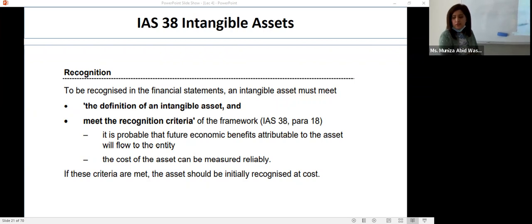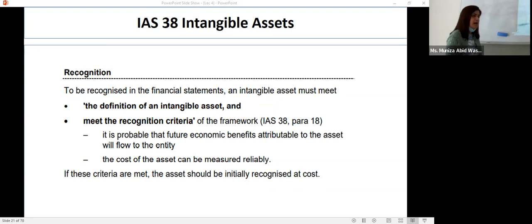So they say, to be recognized in the financial statements, an intangible asset must meet the definition of an intangible asset and meet the recognition criteria. What is that? It is probable that future economic benefits attributable to the asset will flow to the entity, and the cost of an asset can be measured reliably. If these criteria are met, the asset should be initially recognized at cost.